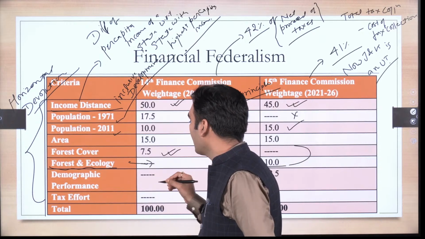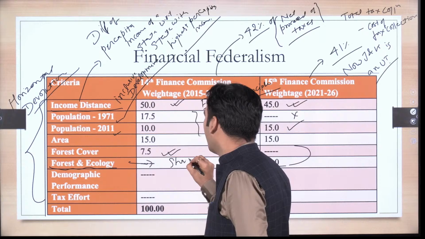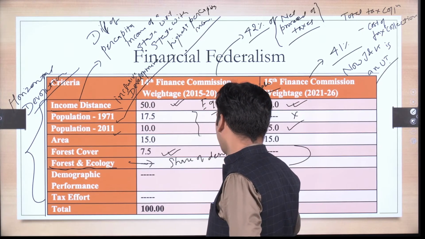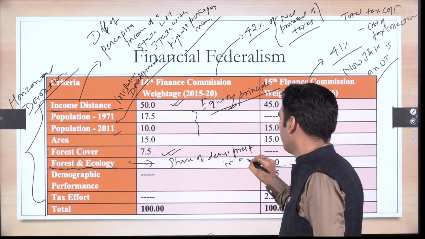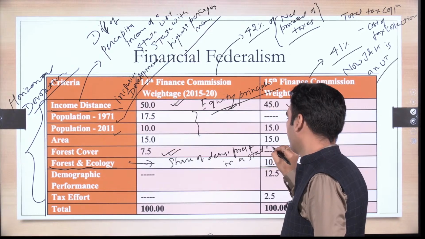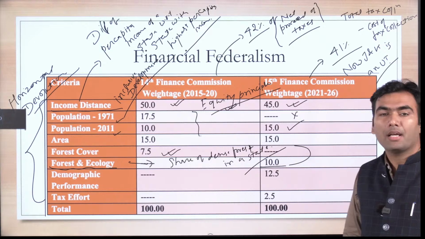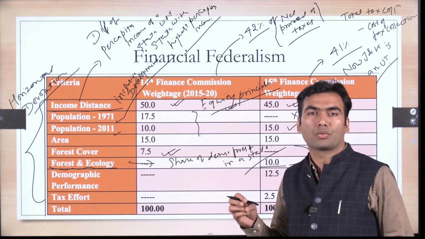Forest and ecology will only use the share of dense forest in a state. Earlier, the share of dense forest as well as open forest was also used.